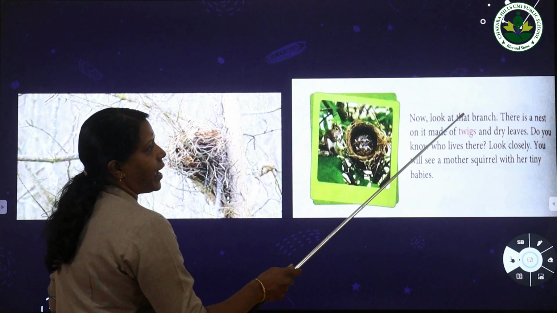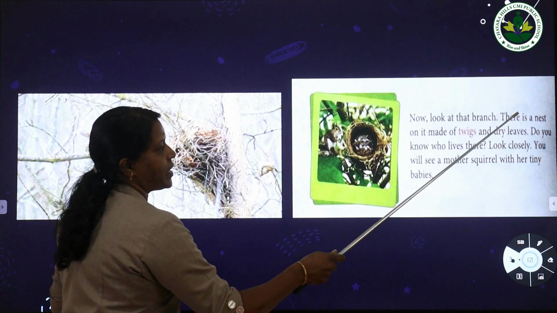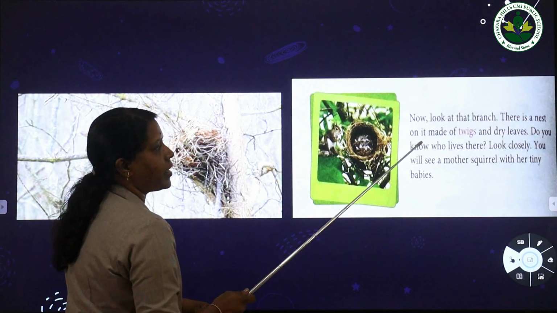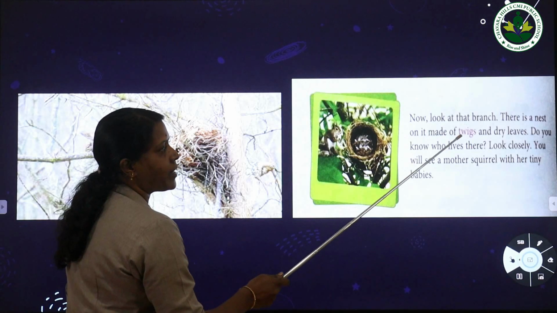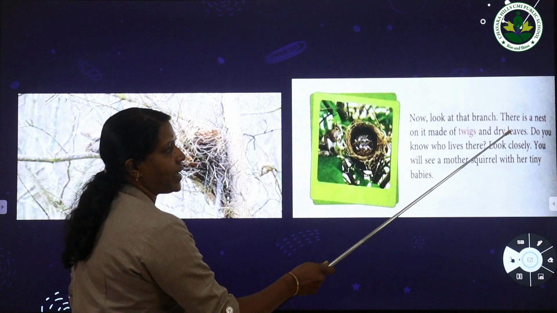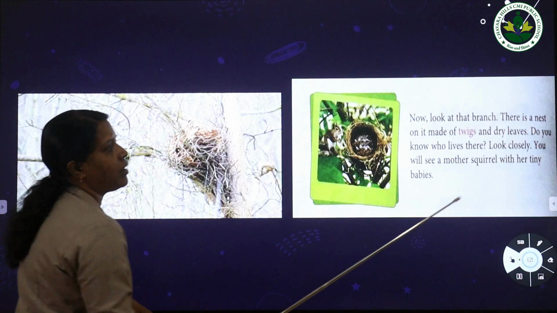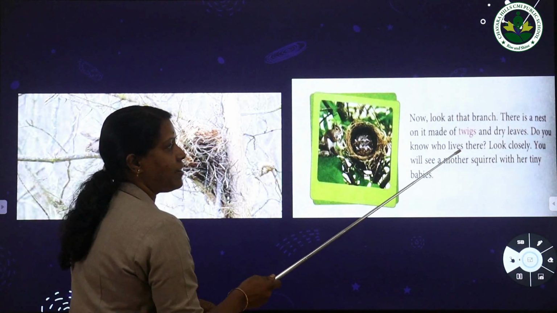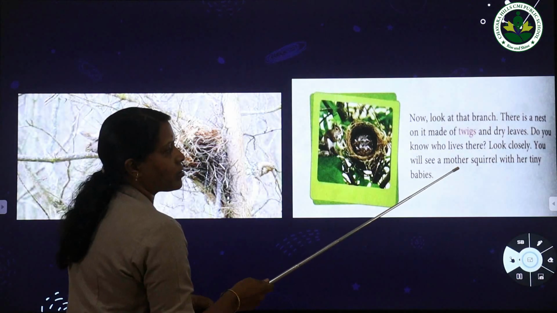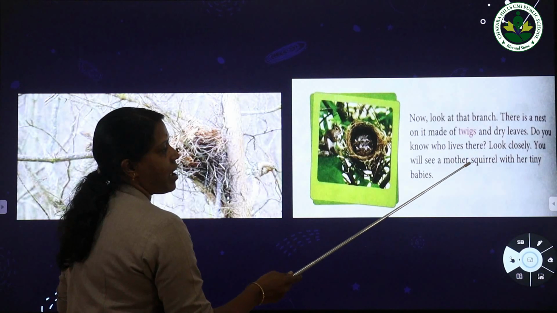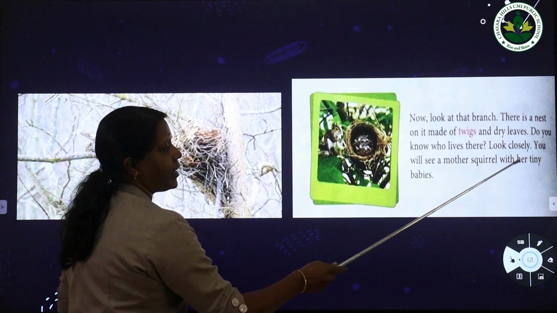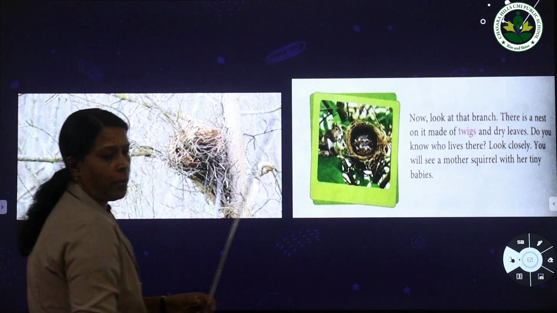Now look at that branch. There is a nest on it made of twigs and dry leaves. Do you know who lives here? Look closely. You will see a mother squirrel with her tiny babies.